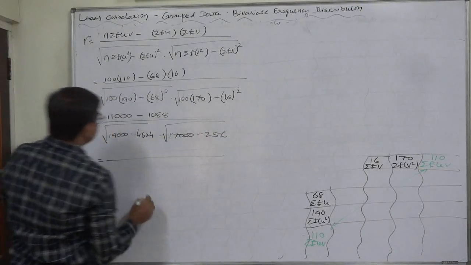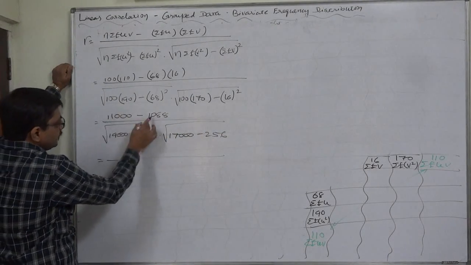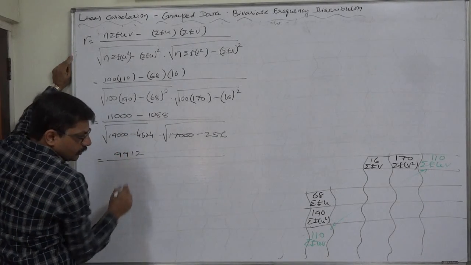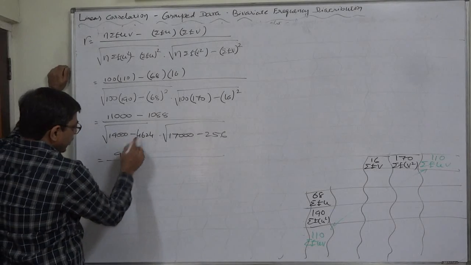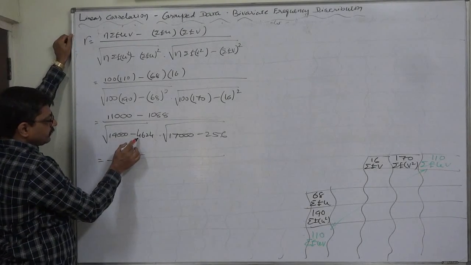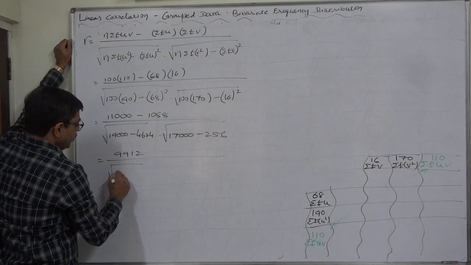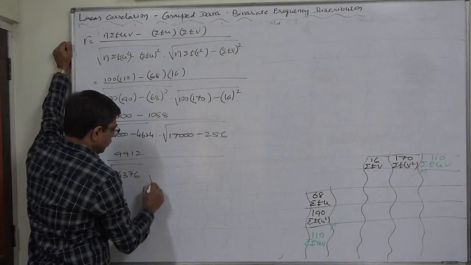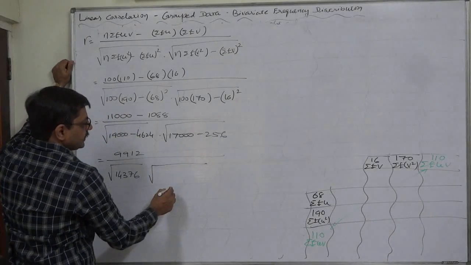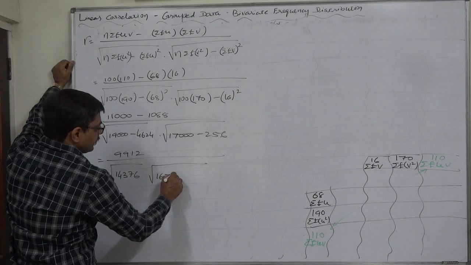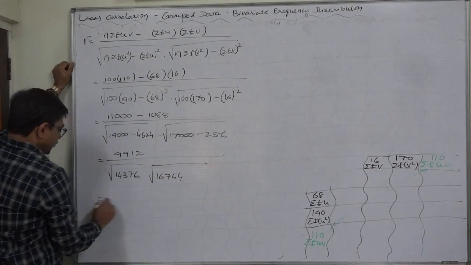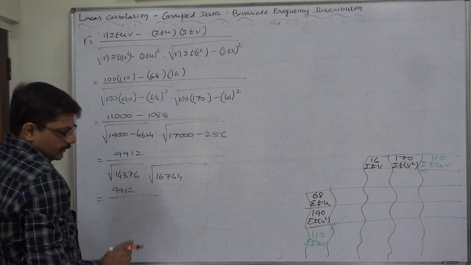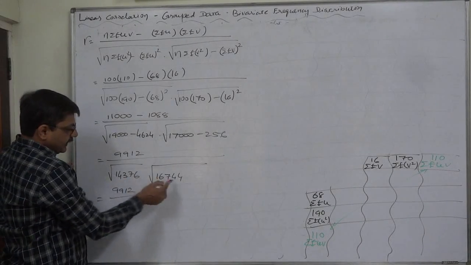So ultimately it is 11,000 minus 1,000 is 10,000 minus 88 is 9,912 upon 19,000 minus 4,000 gives 15,000 minus 624 is 14,376 square root of that into under root 17,000 minus 256 is 16,744.